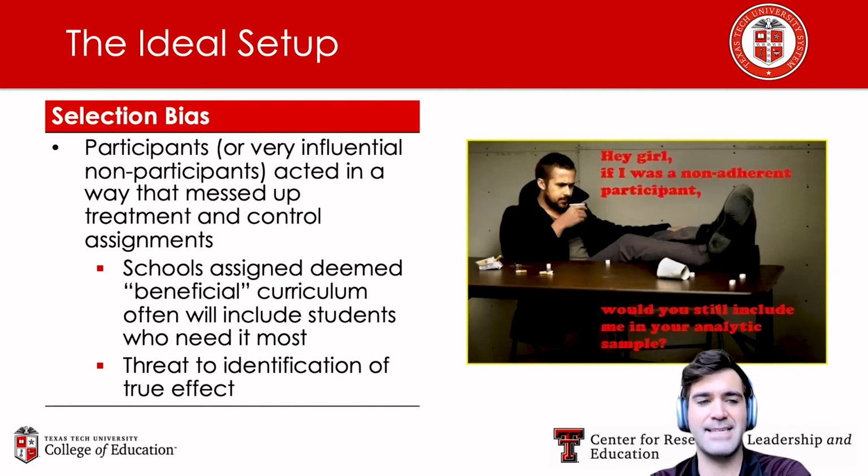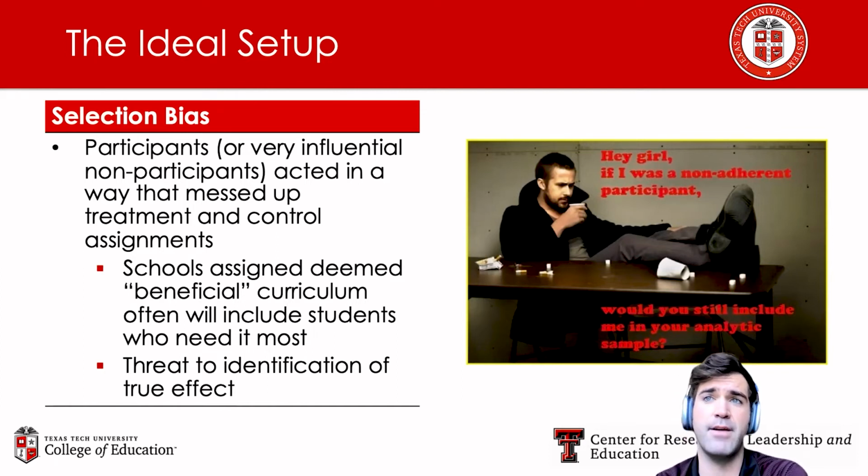But the fact is, that's not how policies work. When policies are intended to affect human beings, there are many different factors that come into play that can mess up our identification of what the causal effect of the policy is, right? If we think about participants and those who are not participating in a particular policy, these participants at the school level could be students who need a particular reading curriculum the most, right?